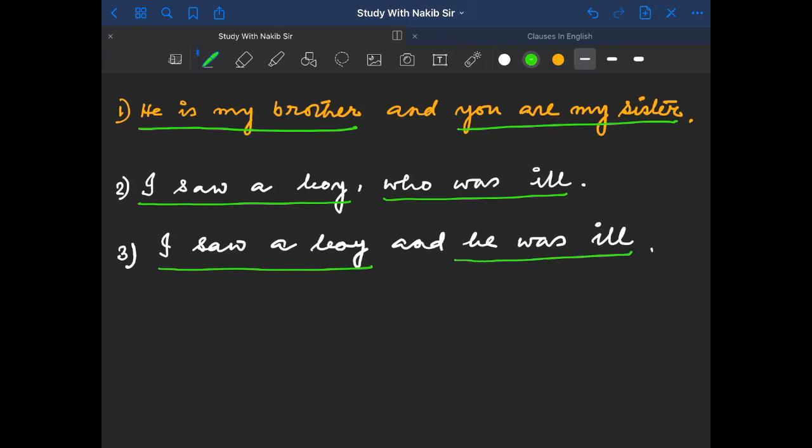Okay. When they are separate, he is my brother and you are my sister, they are called sentences, you know. But when they are joined into a long sentence like this, they are no longer called sentences. They are now the parts of a long sentence. This is a part of this long sentence. This is also a part.